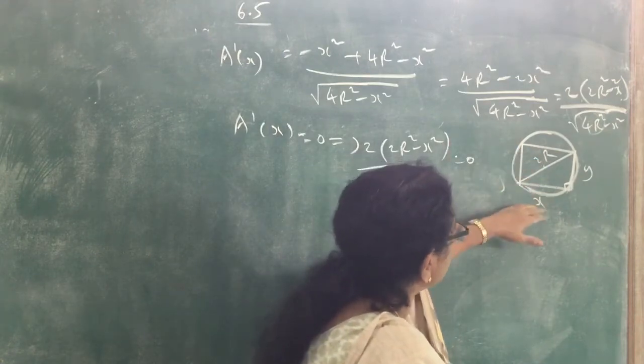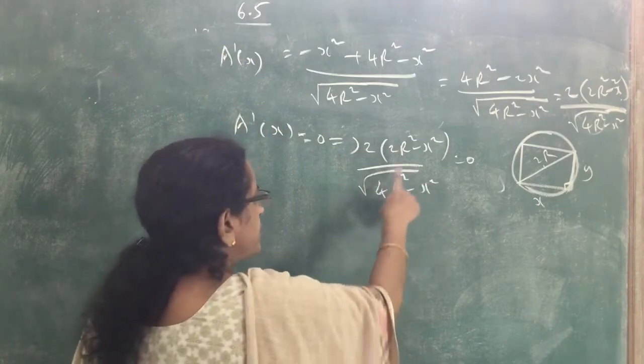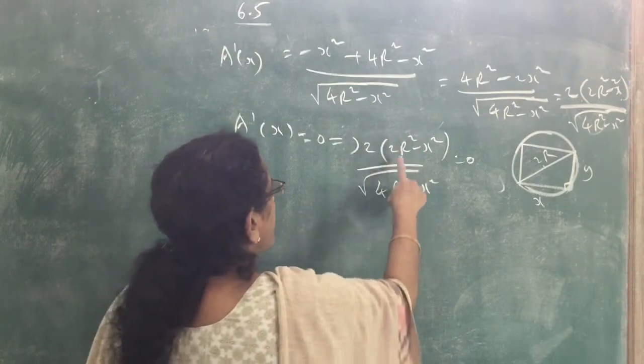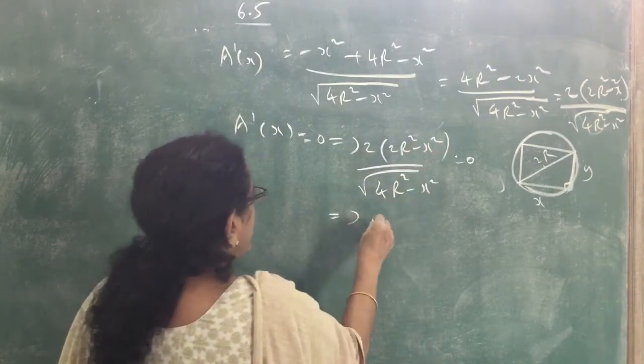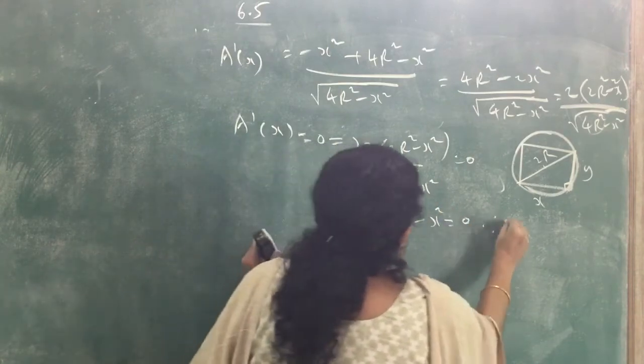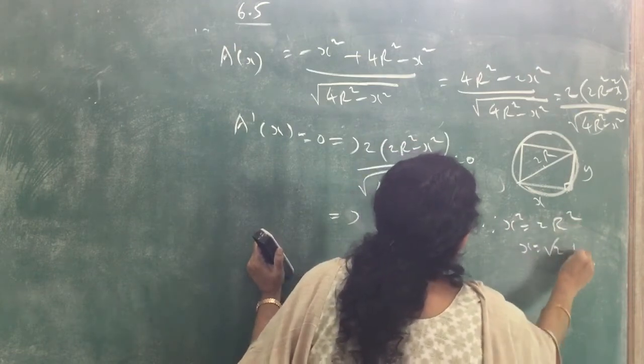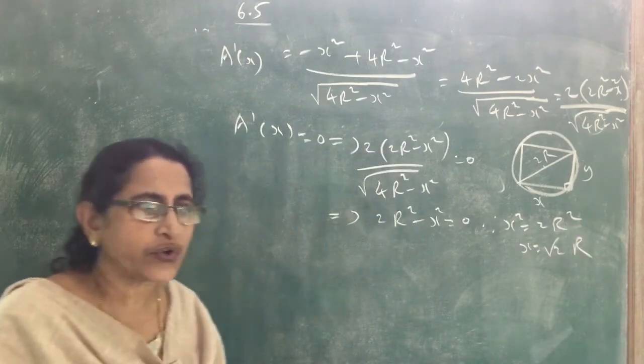So the denominator is a positive number, and this equal to 0 means numerator equal to 0. Therefore 2r square minus x square equal to 0, therefore x square equal to 2r square, therefore x equal to root 2 r. So we got x equal to root 2 r.